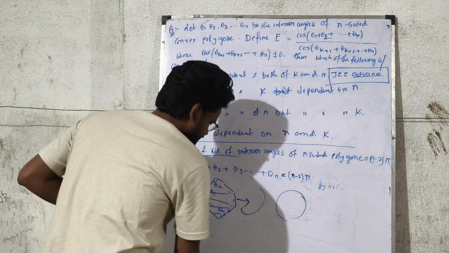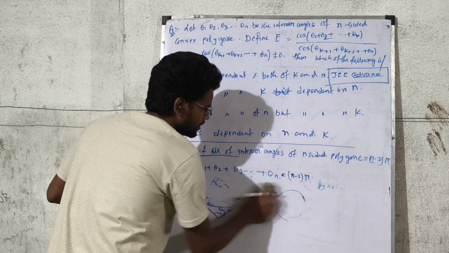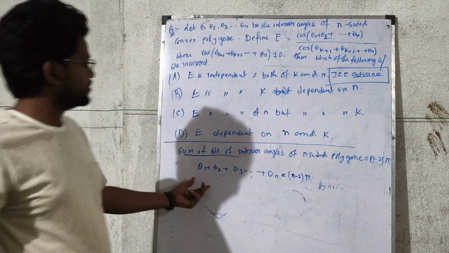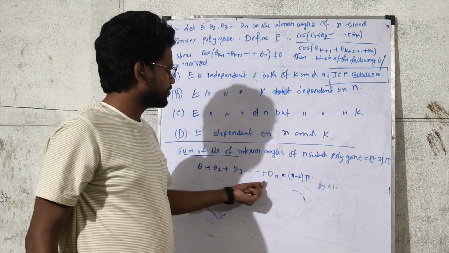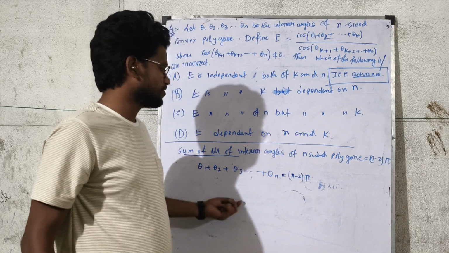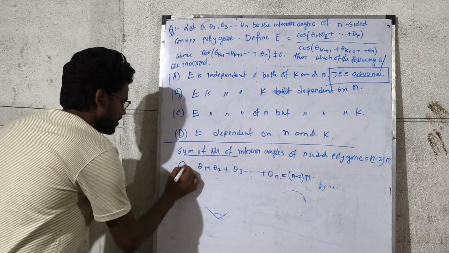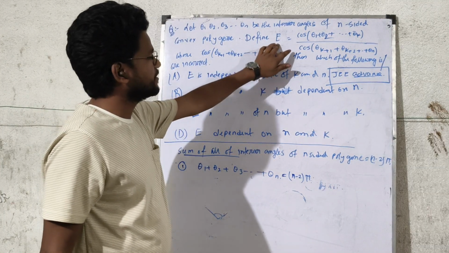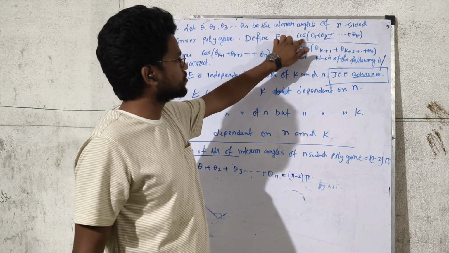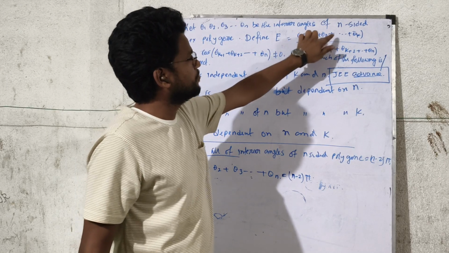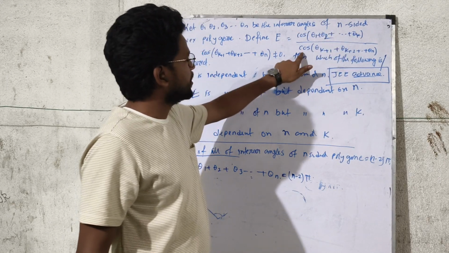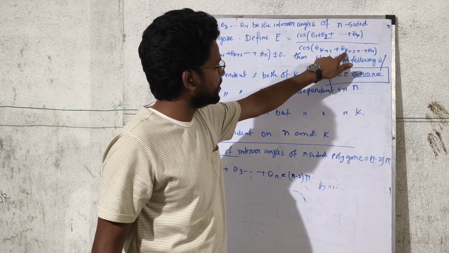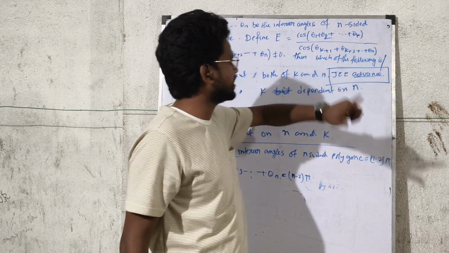So theta 1 plus theta 2 plus dot dot plus theta n equals n minus 2 times pi. This is the first observation. Next, define E equals cos of (theta 1 plus theta 2 plus dot dot plus theta k) divided by cos of (theta k plus 1 plus theta k plus 2 plus dot dot plus theta n).